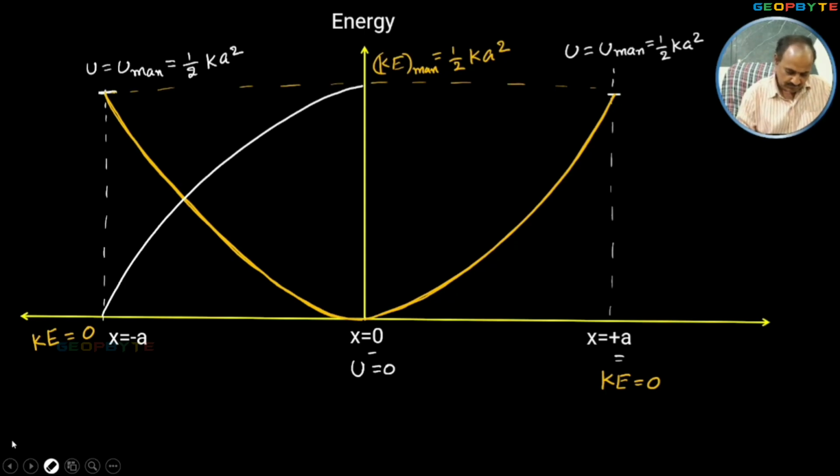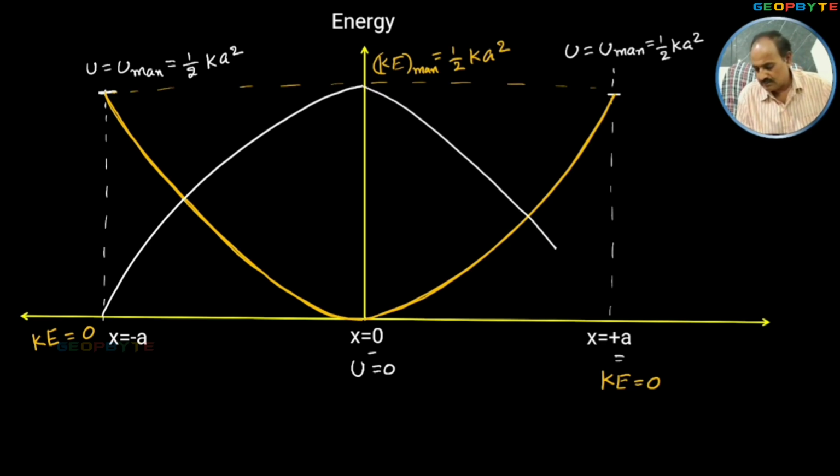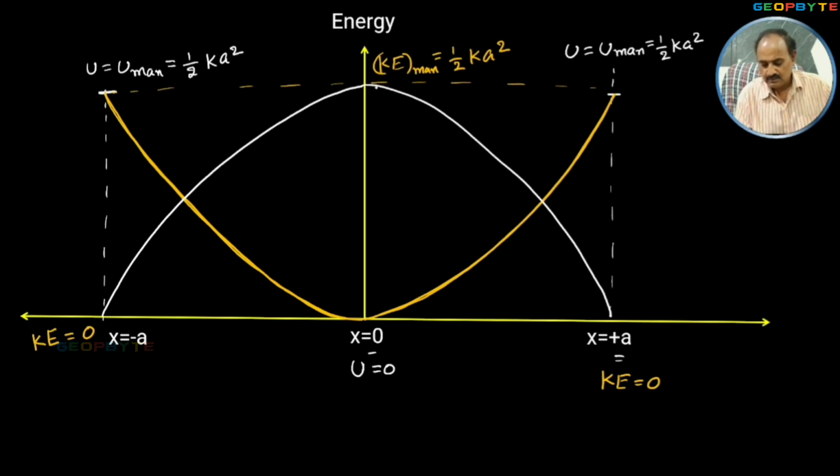Should be very careful. Let me draw it clearly like this. So that should be varying parabolically. Like this, it should be varying parabolically.